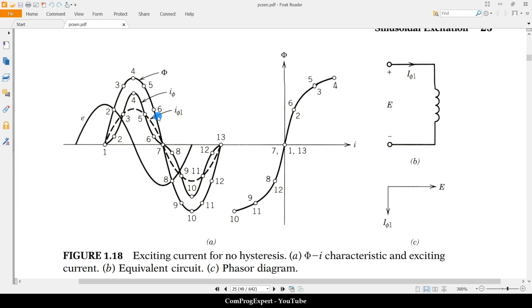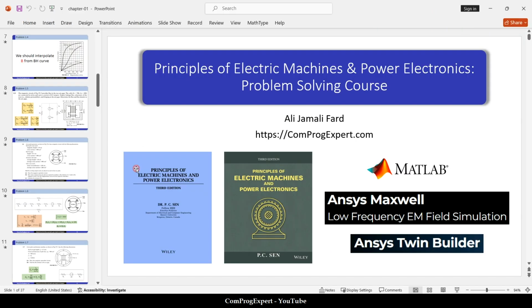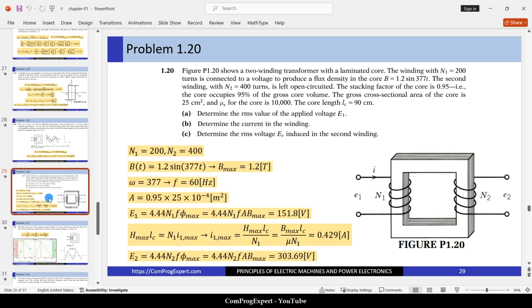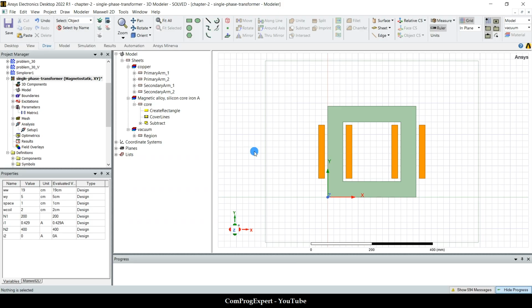Here we have this coil current, and this is the fundamental harmonic of the current. Also, we have this example in chapter 1. We have the dimensions of this magnetic core, this single phase transformer. I want to do a simulation.